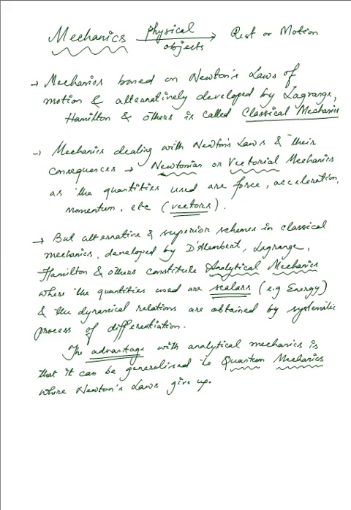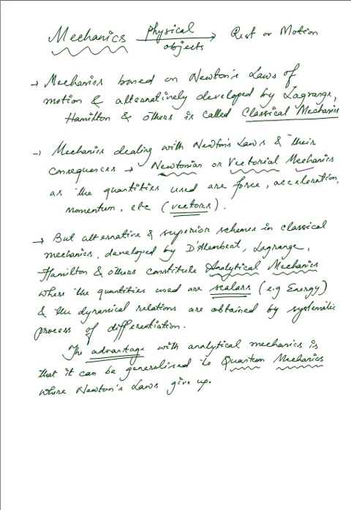Now, the mechanics that is based on Newton's laws of motion, and alternatively it has been developed by Lagrange, Hamilton, and others, is what we call classical mechanics. The mechanics dealing with Newton's laws and their consequences is known as Newtonian or vectorial mechanics.